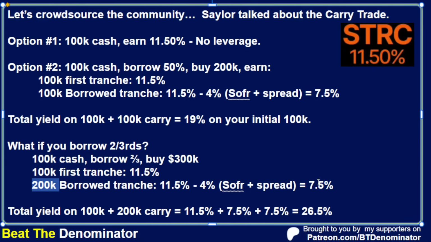That's 7.5% times 2, 100 plus 100. So total yield on your initial 100K when you borrow 2/3 to buy Stretch, with 200K worth of borrowed tranche, is 11.5% plus 7.5% plus 7.5%, which gets you to 26.5%.